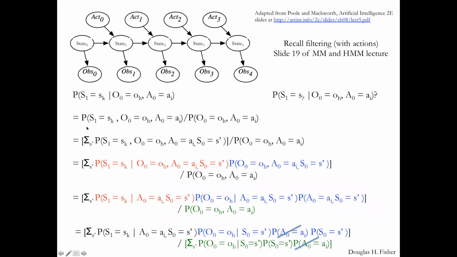So big S is a probability distribution over states. Little s sub k is a particular value for states. If we want to compute this probability, we could solve it just like we would solve any problem for a belief network, which we covered early last week, Tuesday, in the pre-recorded lecture.